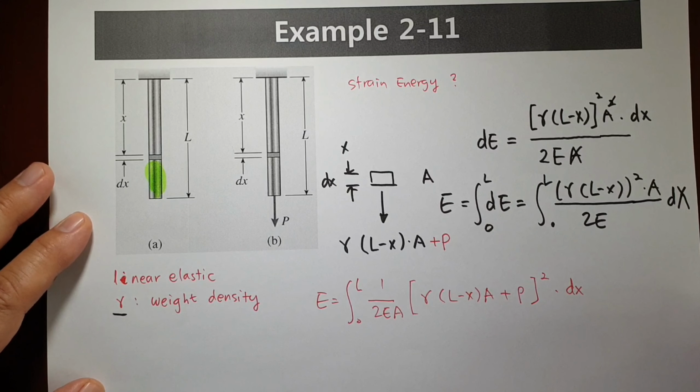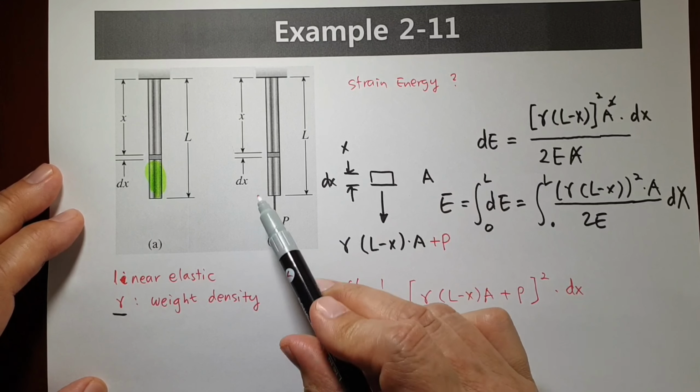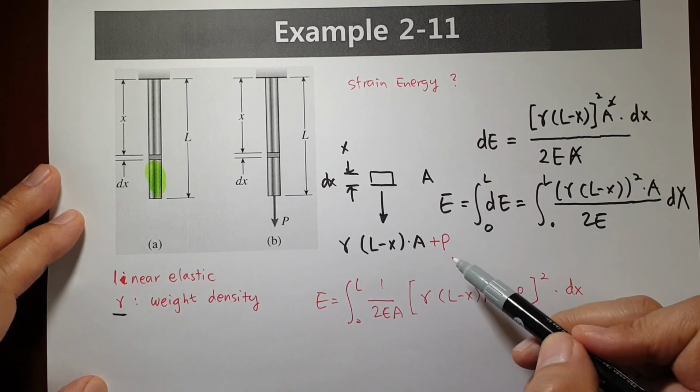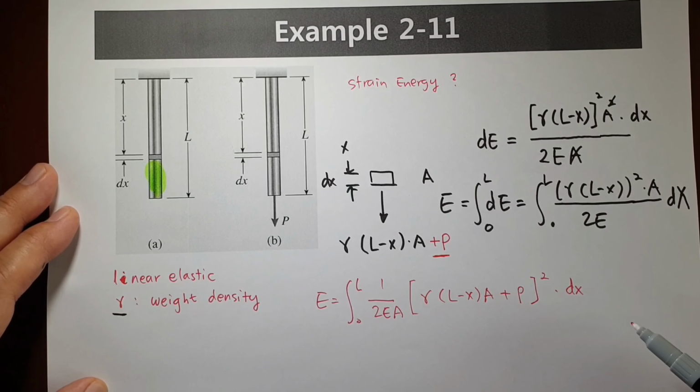This value is what? This is the stored energy on the right case. Okay, slight difference of plus P. That's why we have a different answer.